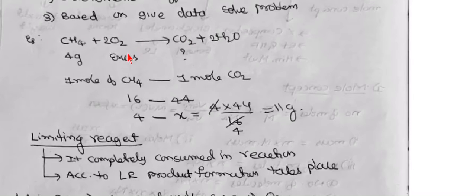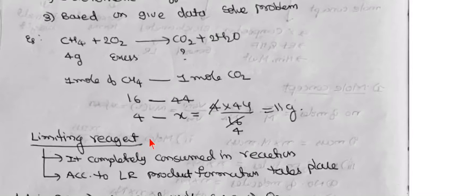Which one is in excess will be no problem, we take the one which is normally of lesser amount. So 1 mole of CH4 gives 1 mole of CO2, means 16 grams gives 44 grams. 4 grams gives 11 grams. Like that we can find by using the balanced equation, using stoichiometric coefficients as the moles, and based on the information given, we solve the problem.